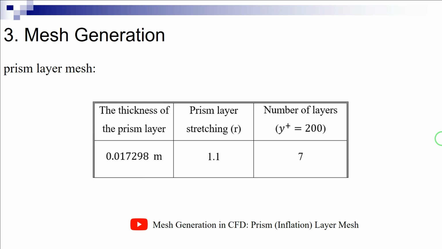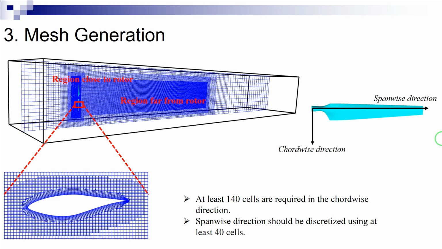Another important point for the region close to the rotor is the size of the cells on the rotor surface, as is shown here. Based on the recommendations provided in the CFD community for the simulations of wind turbines, at least 140 cells are required in the chordwise direction over both the upper and lower sides of the blades.